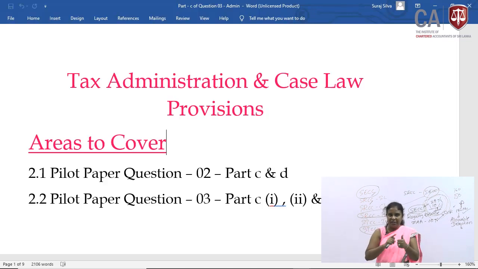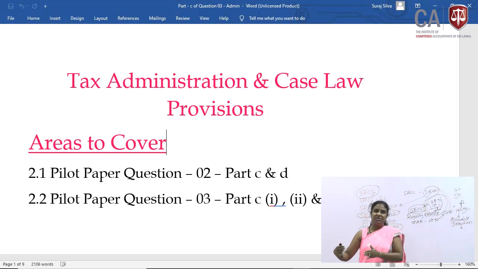Therefore, tag your Act according to the particular administration provisions: payment of tax, registration for income tax, assessments, taxes in default, penal provisions, administrative review. Please tag all these things. And please have a fair, reasonable knowledge of referring to the Act and writing the answer.